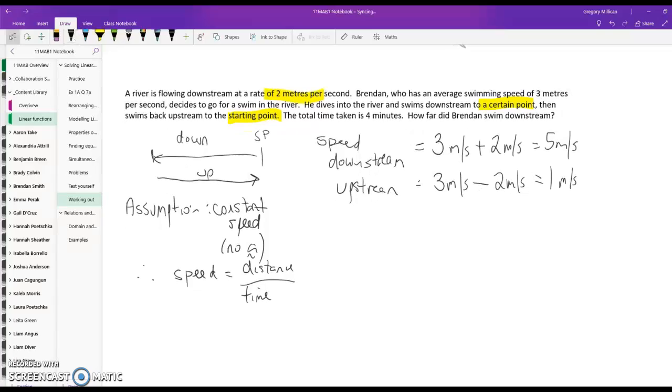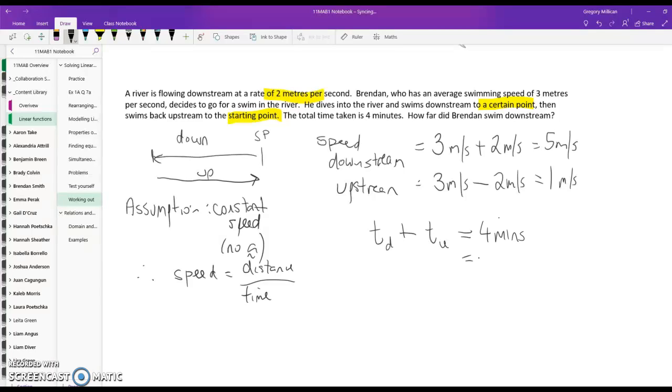Now the thing is, what we know is that the time it takes for him to swim downstream plus the time it takes for him to swim upstream has to equal 4 minutes.